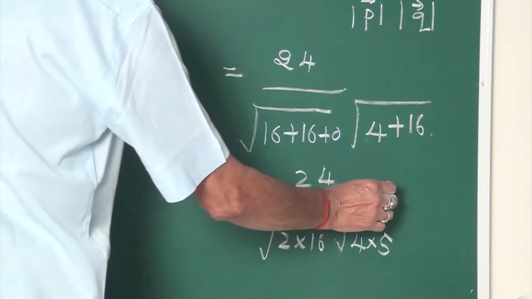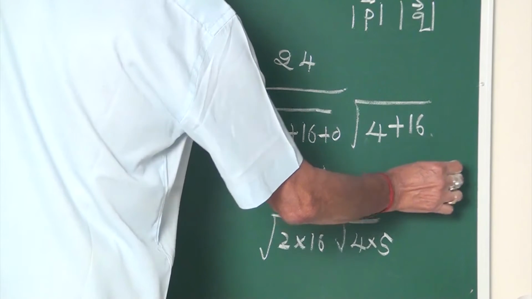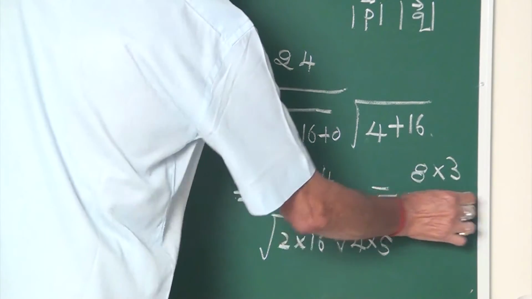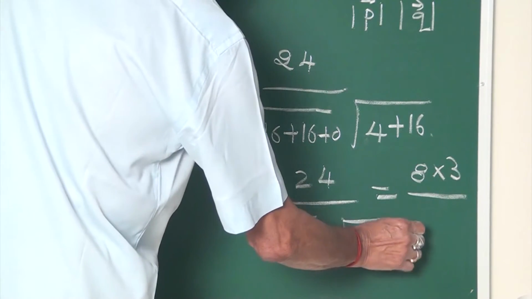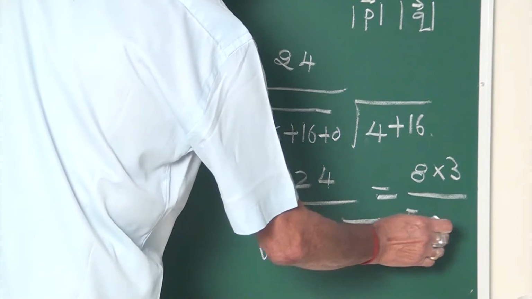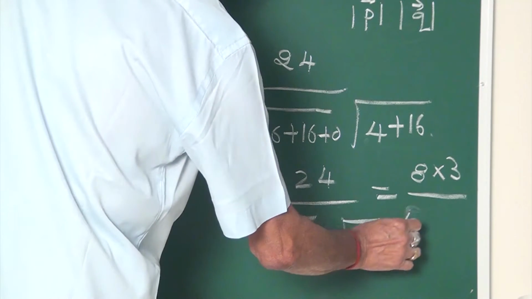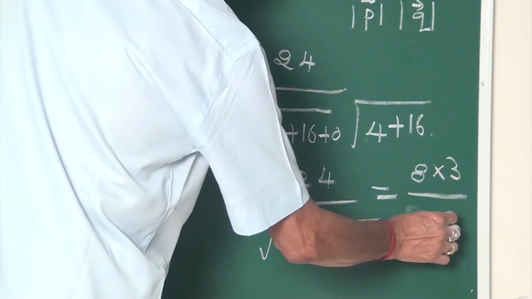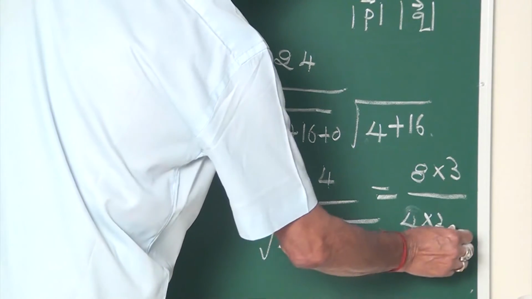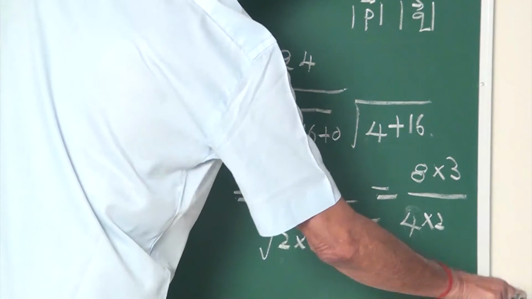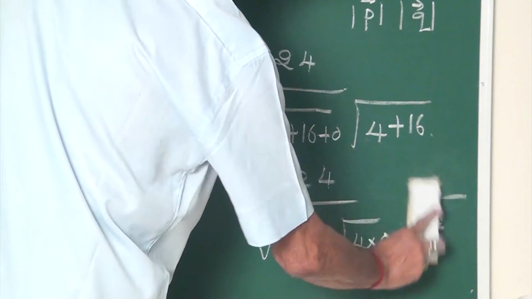The numerator is 8 into 3, and the denominator is root 2 into 4, or 4 into root 2.